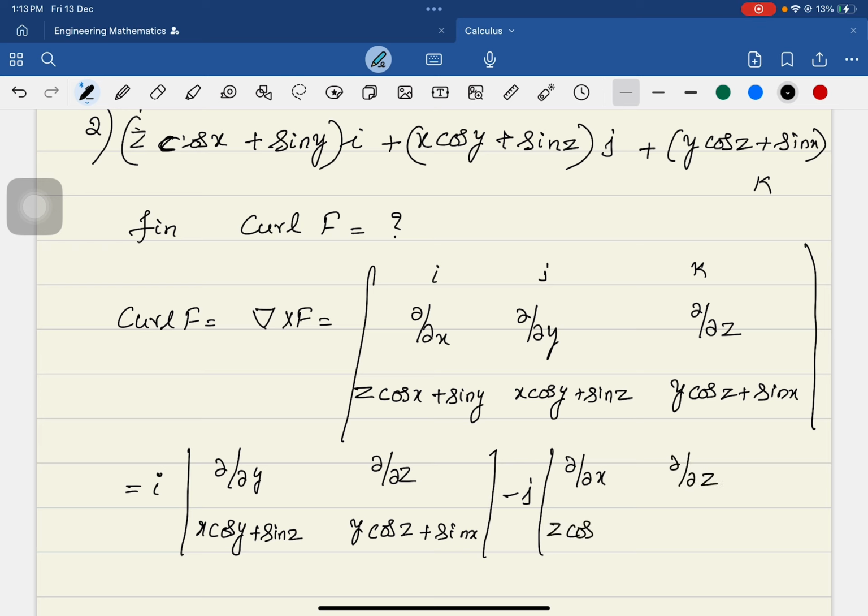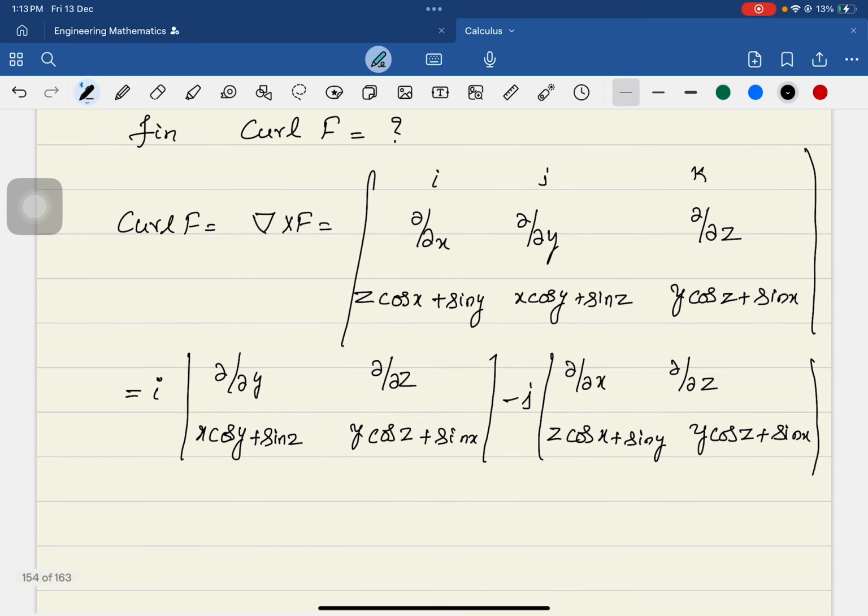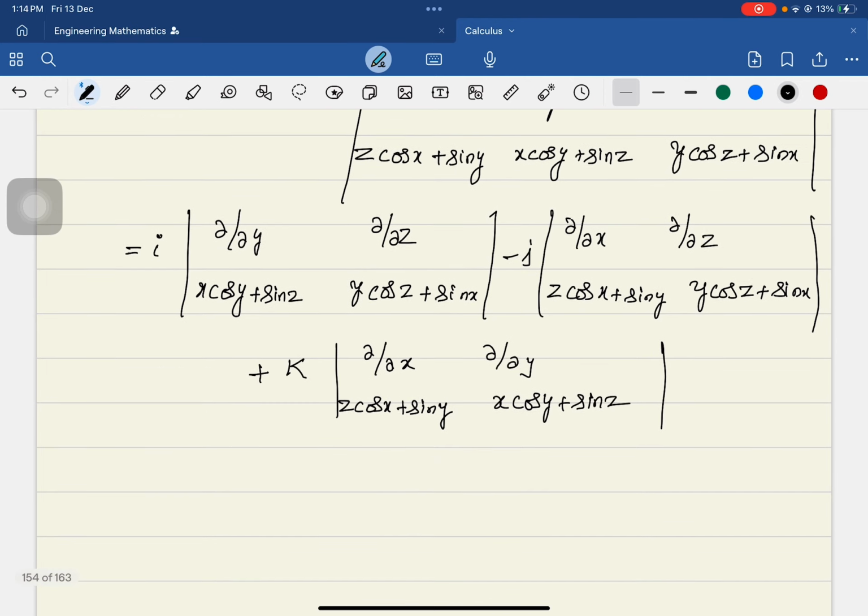This is z cosine x plus sin y, and this is y cosine z plus sin x, then plus k times of first and second columns, that is dou by dou x and dou by dou y. Now this is z cosine x plus sin y, and this is x cosine y plus sin z. So this is your i, j, k.